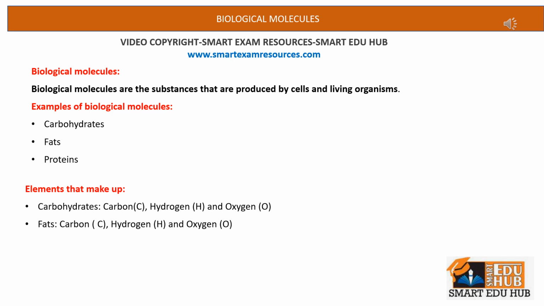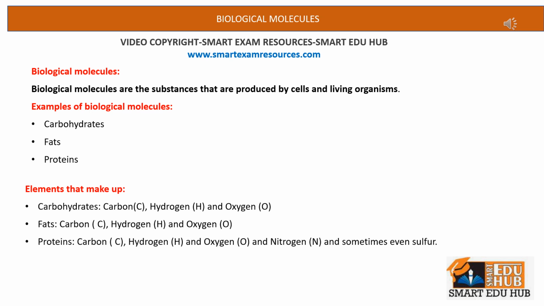Lastly, the proteins are made up of molecules called amino acids and are found in all living organisms. Each amino acid contains the four elements, namely, hydrogen, oxygen, nitrogen, and carbon. Some amino acids also contain sulfur.